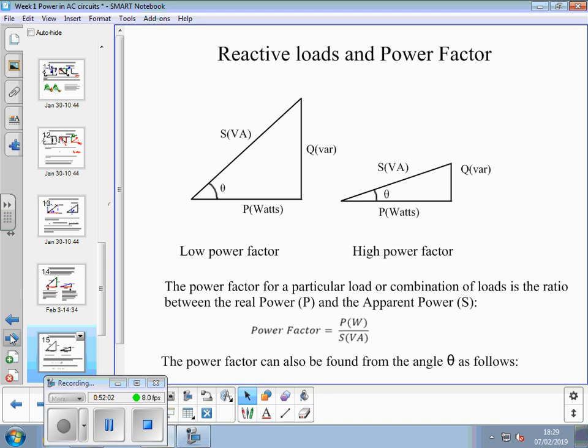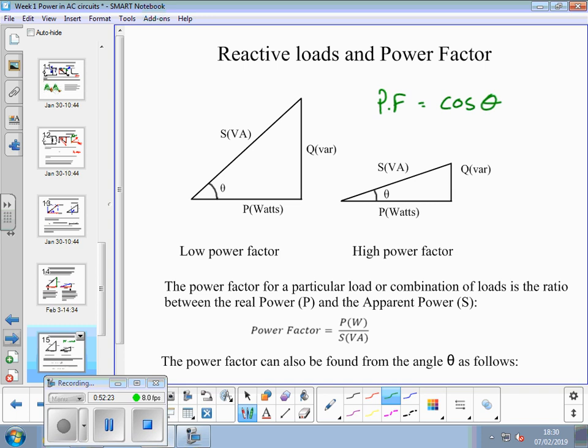So if we look at those two triangles again, and we say something like that is low power factor, they quote power factor as the cosine of that angle.